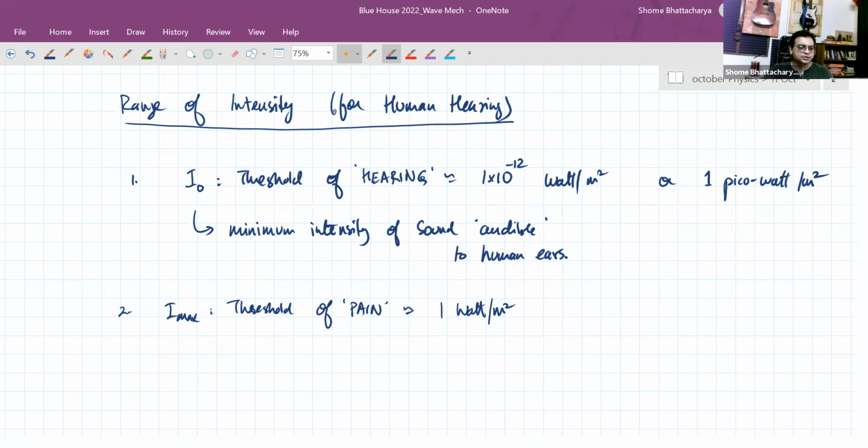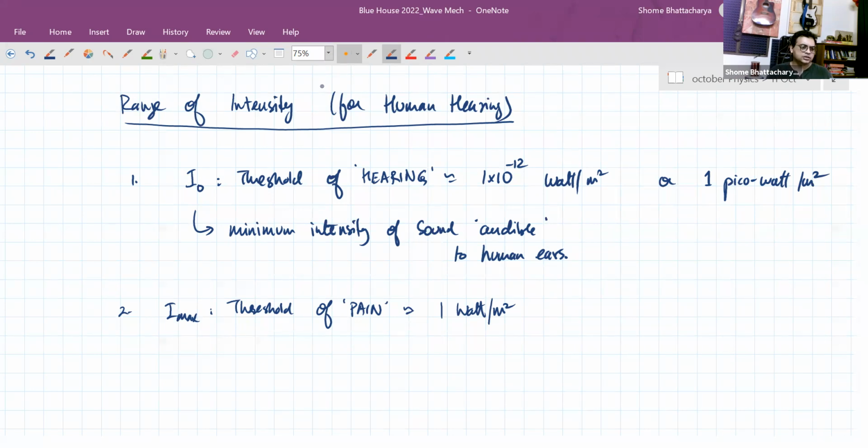If you're standing on a runway and an aircraft was taking off or landing a few meters away, or 200 meters away, or you went to a loud factory or a concert, that's fine. But if you're working day in, day out in an environment without any hearing protection, where the intensity is consistently more than 1 watt per meter square, over a period of time you will start experiencing pain in your ears and eventually you will experience hearing loss. So that is the threshold of pain.